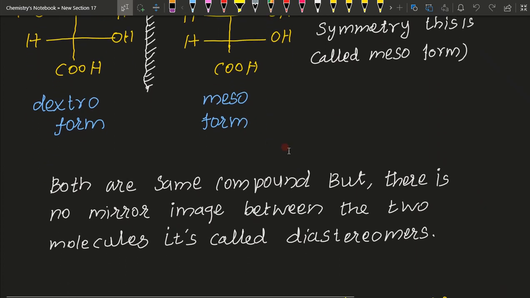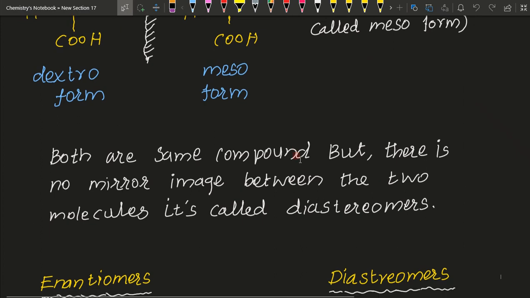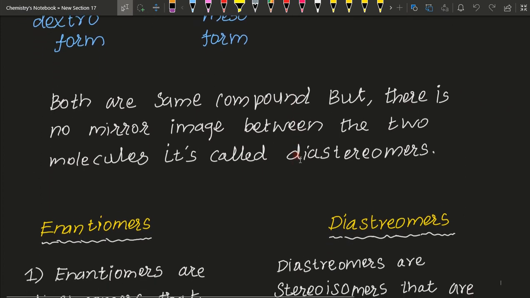Both are the same compound, but there is no mirror image between the two molecules. They are called diastereomers.